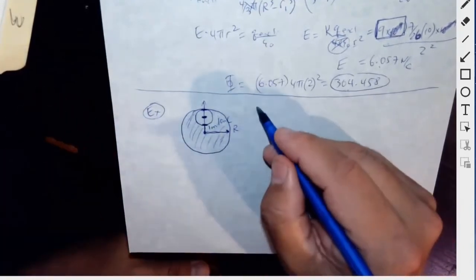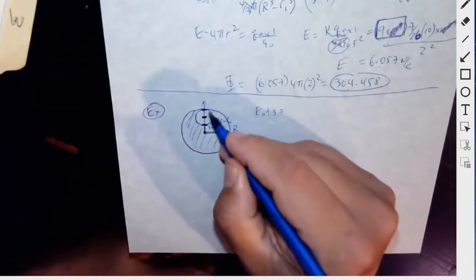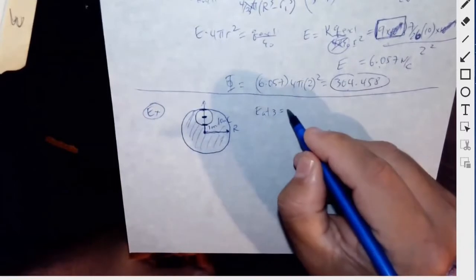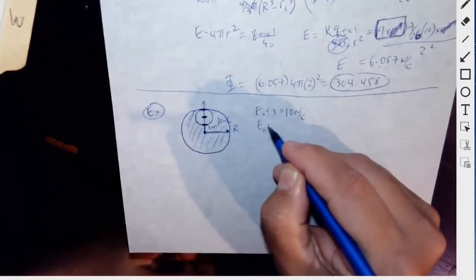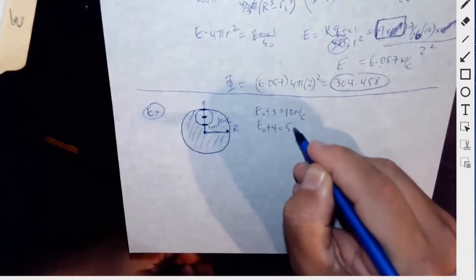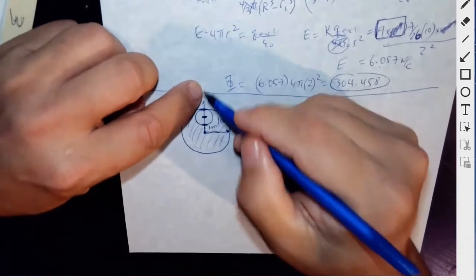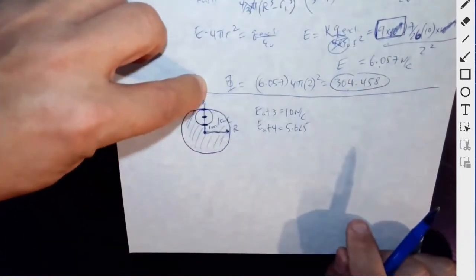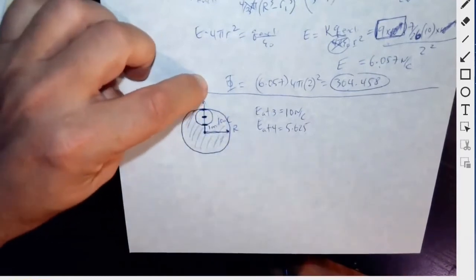Well, the electrical field at 3 should still be the same because that's at the surface, right? So that's still 10. Of course, the electrical field at 4 would still be the same because we're already outside. So if I'm outside here, interestingly, it wouldn't matter. Let's see here.